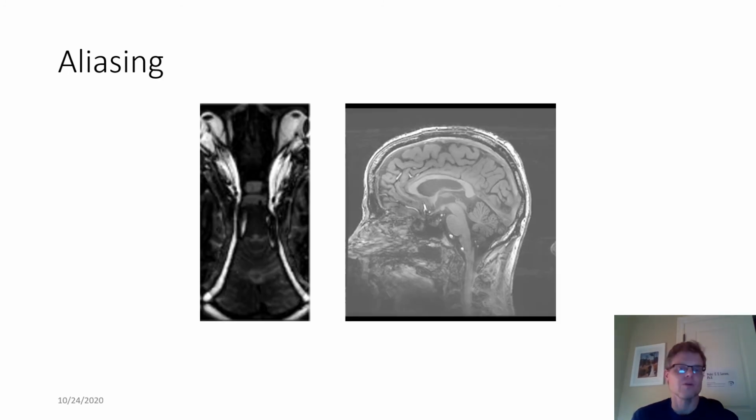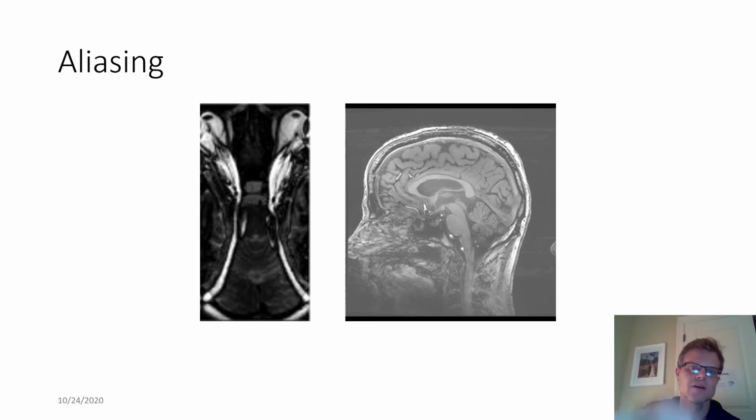And, well, what happens if we don't? So here are a couple of examples. In the brain, on the left, we have an axial brain image with a sort of exaggeratedly narrow field of view.